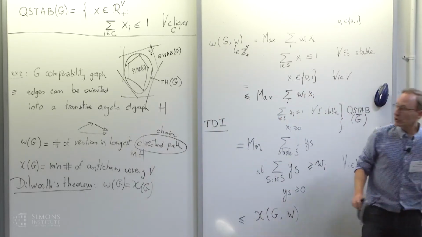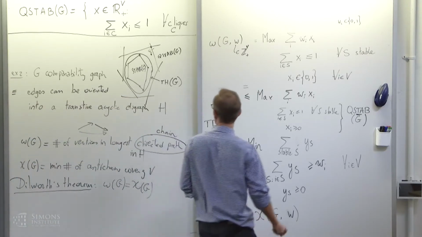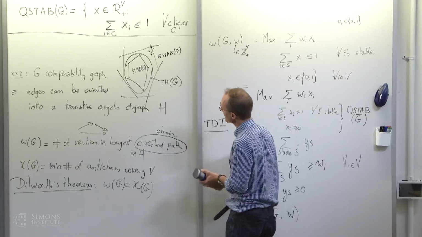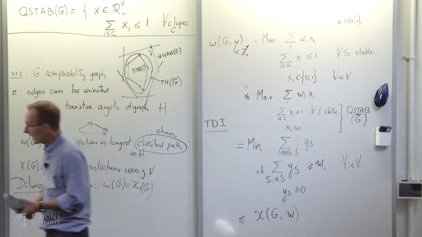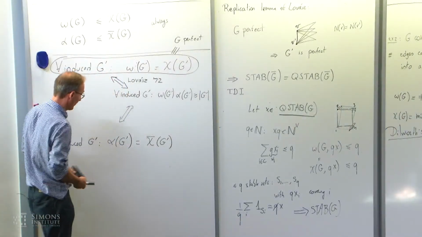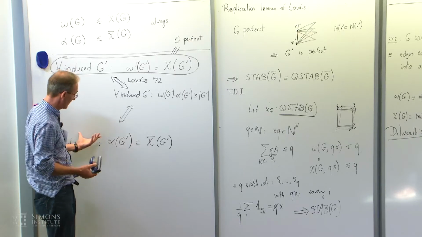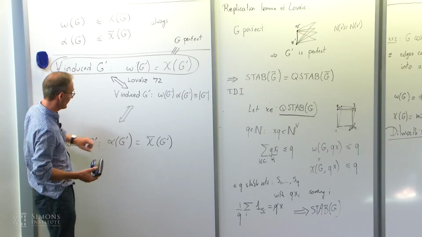Now, let me at least finish it. I'd like to go here now. So I'd like to show that this is true. But that's very simple, because what is alpha of G? Let me first say that I take the entire graph.